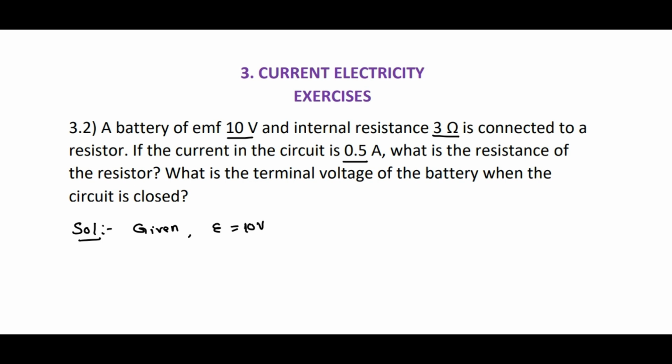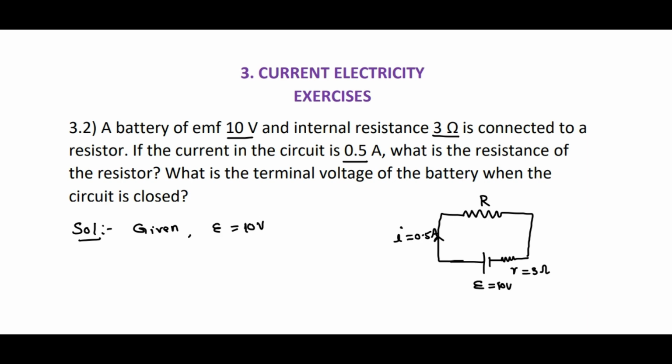So we can take the circuit like this. It has some internal resistance. E is equal to 10 volt and internal resistance small r is equal to 3 ohm. It is connected externally with some external resistance R, and the current passing in the circuit I is equal to 0.5 ampere.